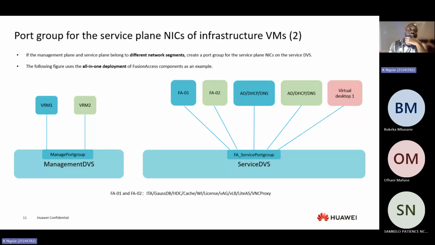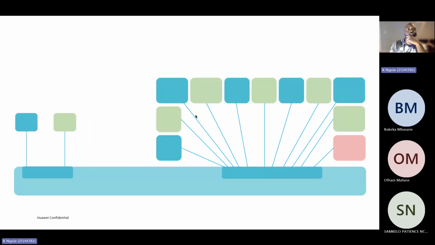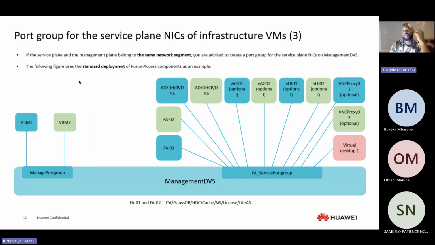Okay, and then the third one will be when the service plan and the management plan belong to the same network segment. That's where you are advised to create a port group for service plan NICs on the management DVS.